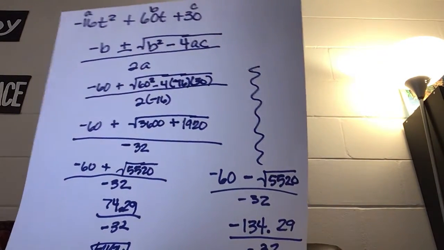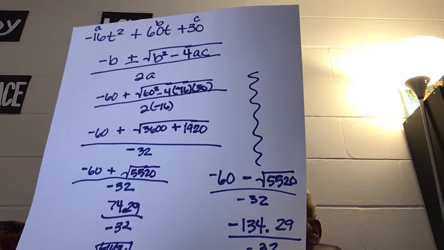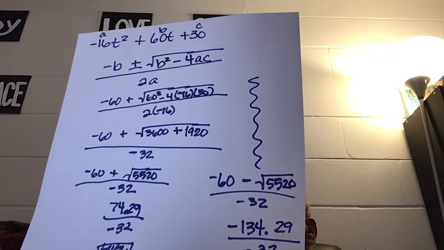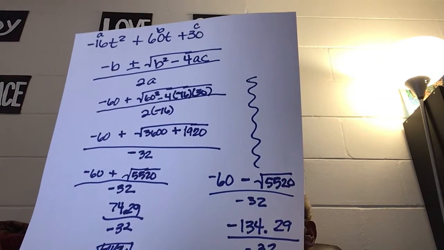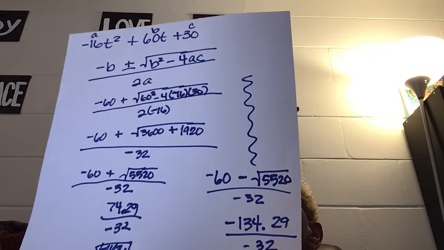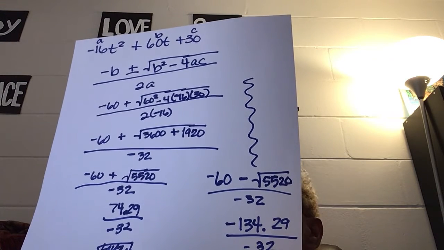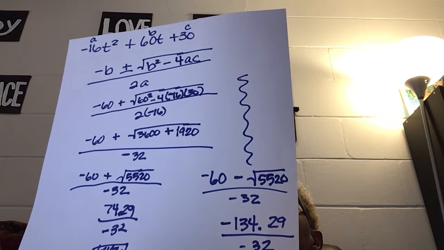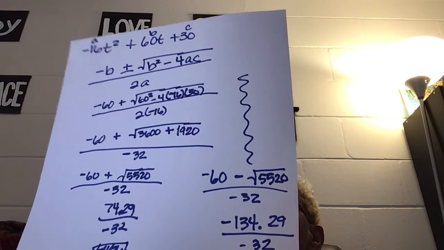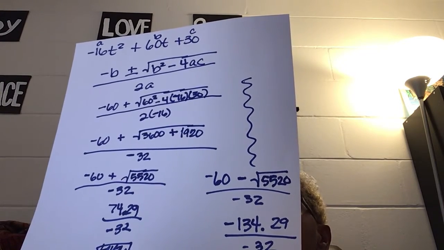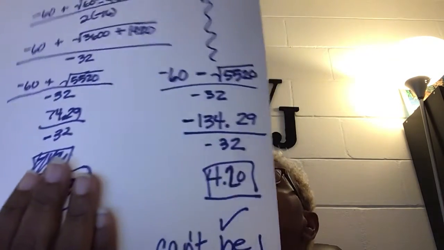Negative 4 times negative 16 times 30 is going to be 1,920. So on the top you get negative 60 plus the square root of 3,600 plus 1,920, over negative 32, because 2 times negative 16 is negative 32. Then you go on down.